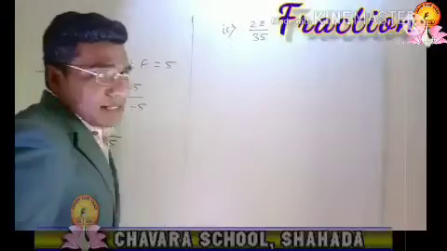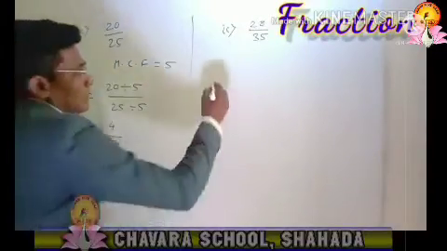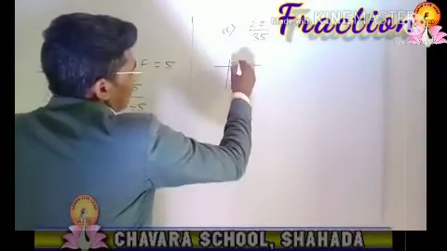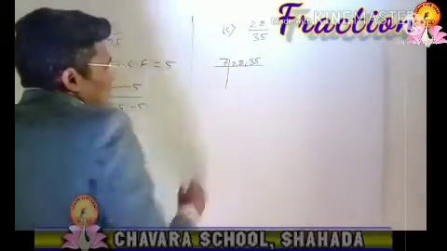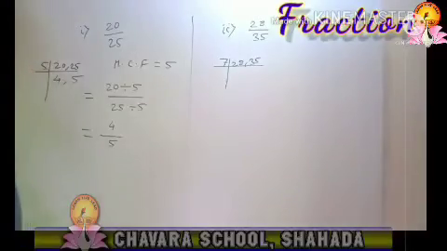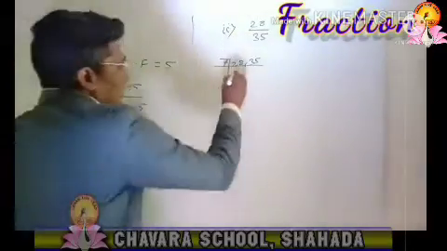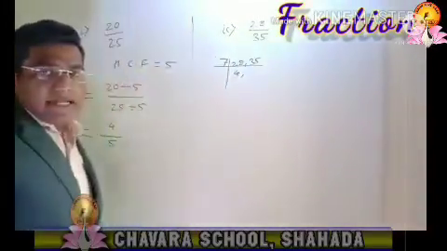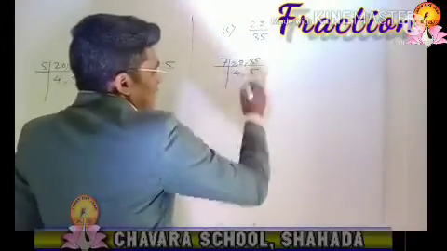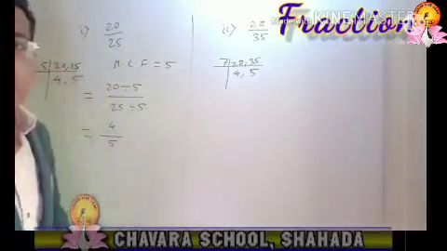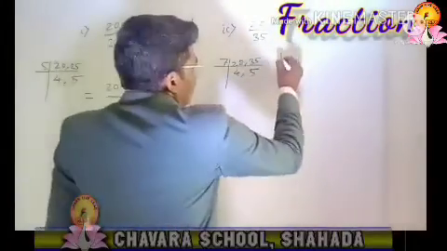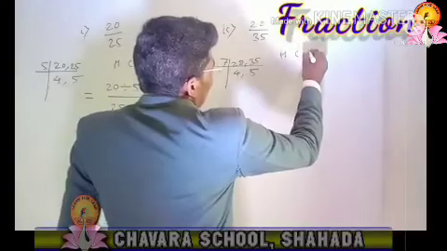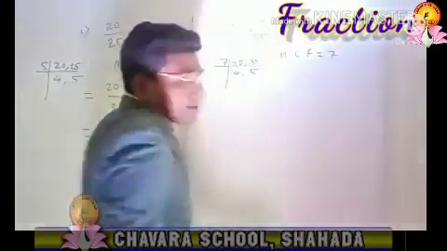Now we will solve another example, 28 by 35. The HCF of 28 and 35 is 7, since 7 1s are 7, 7 2s are 14, 7 3s are 21, 7 4s are 28, and 7 5s are 35, and hence 4 and 5 are not divisible by the same single value. That is why the HCF of 28 and 35 is 7.